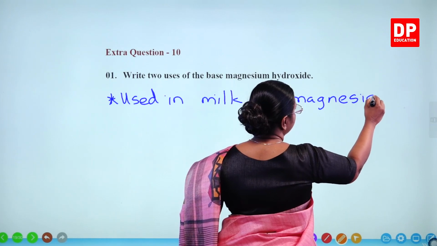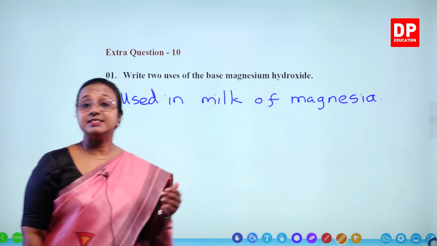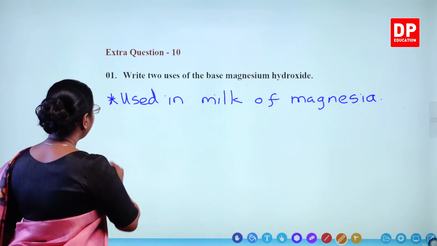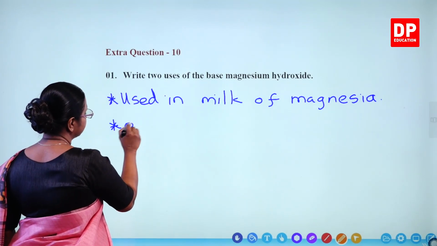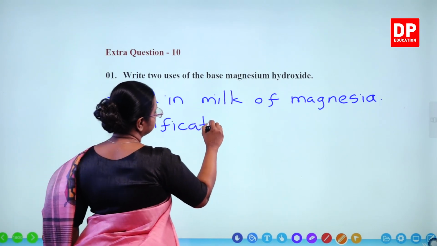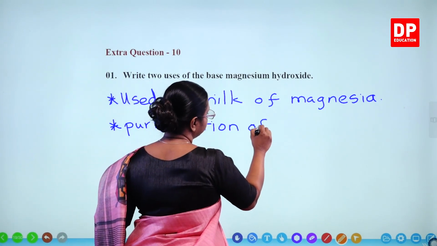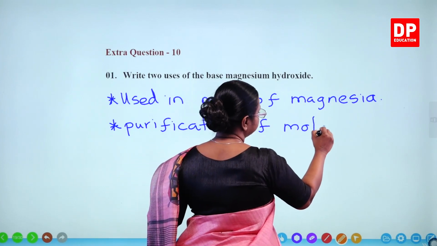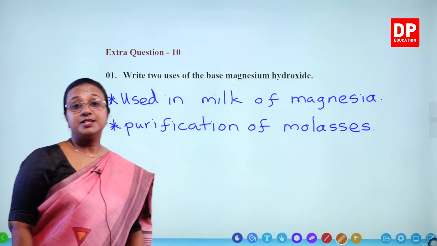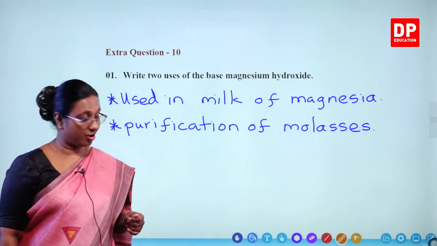Or you can even say as an antacid suspension, anything is fine. Then for purification of molasses. So, two uses of magnesium hydroxide.